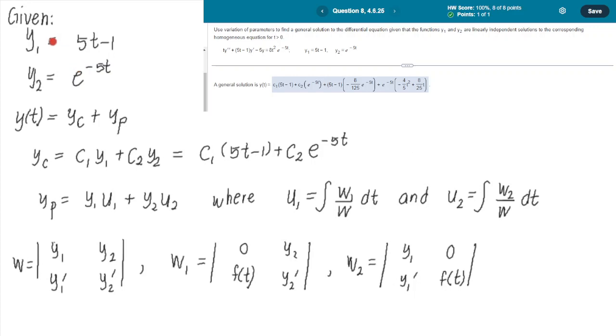Now, since this is already known, we just have to find the general solution of this IVP. We have y of t is equal to yc plus yp. This is the format of our general solution.